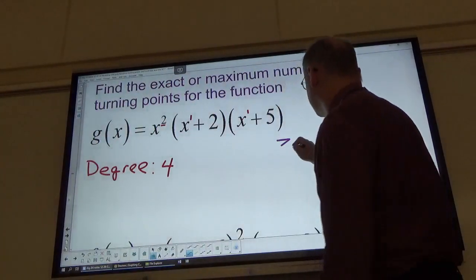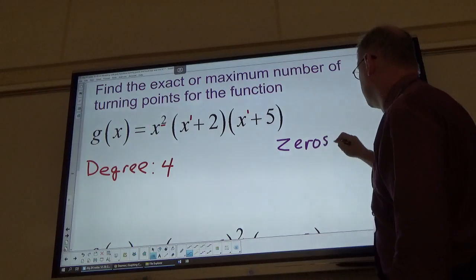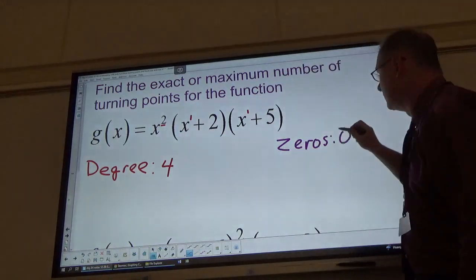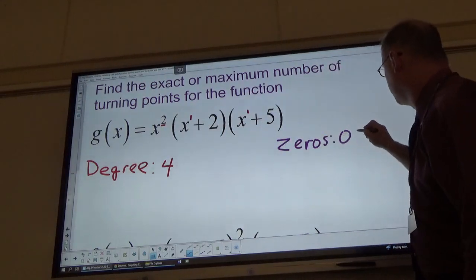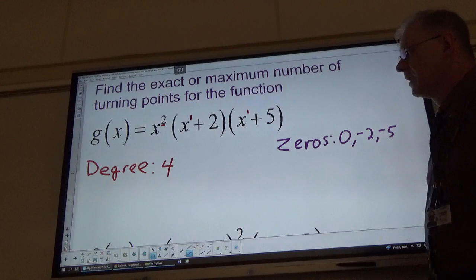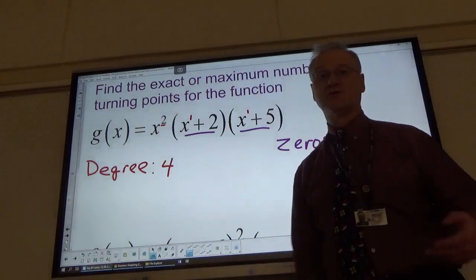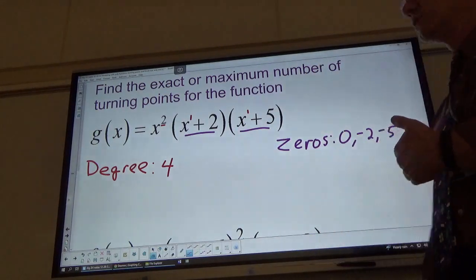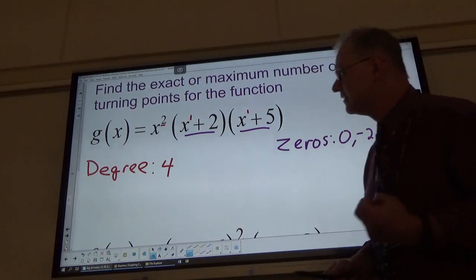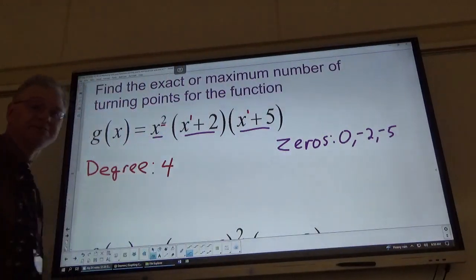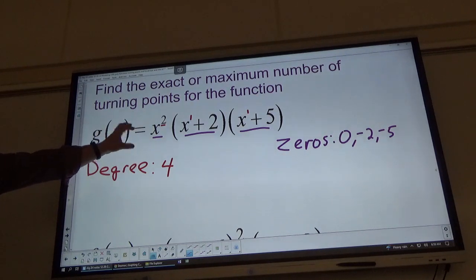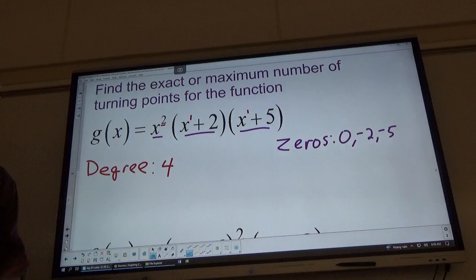The zeros of this: x equals 0, x equals -2, x equals -5. If you set each of these equal to 0 and solve, you'd get the -2 and -5. Technically, this is x times x, and if you have x times x, each of them is a 0.